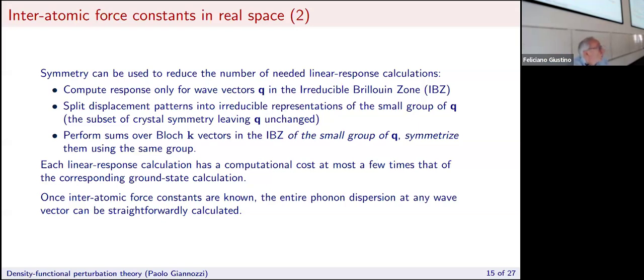So the computation is done only on a subset of the needed reciprocal space wave vectors Q, and then using symmetry, one generates the reciprocal space force constant on the entire grid covering the Brillouin zone.